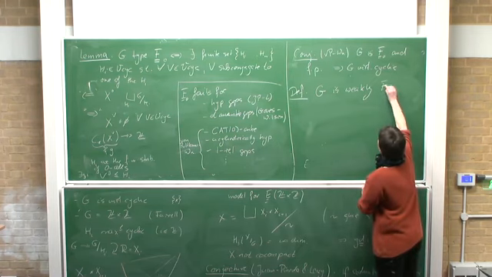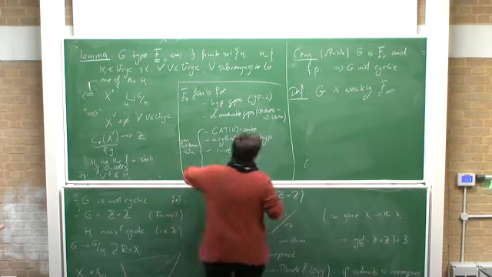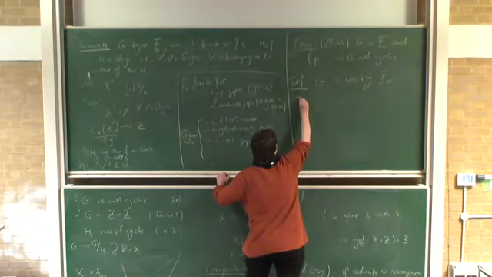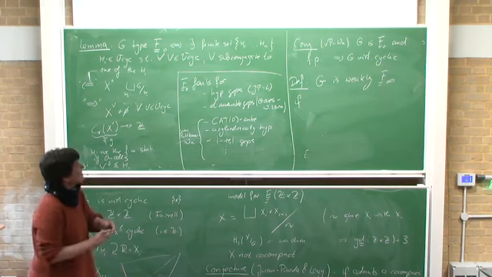So we say G is weakly F_infinity, or F or whatever you want. So what am I asking for?